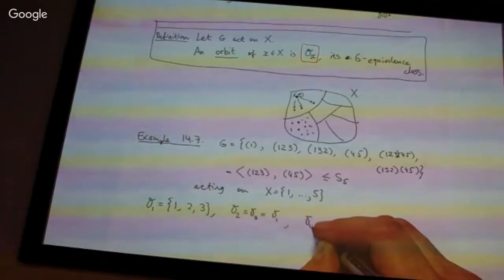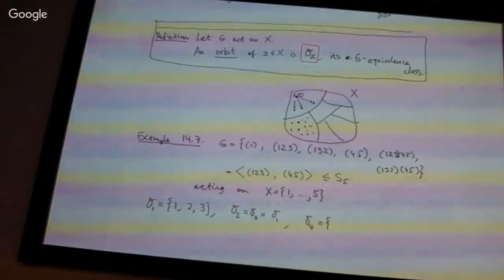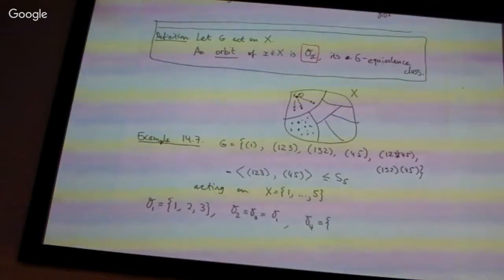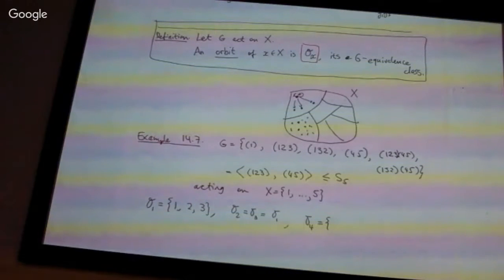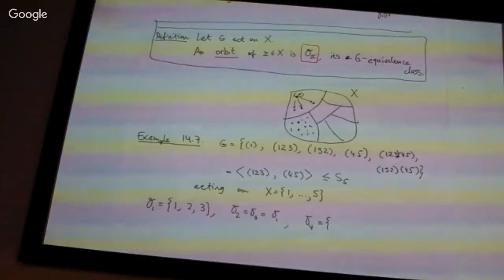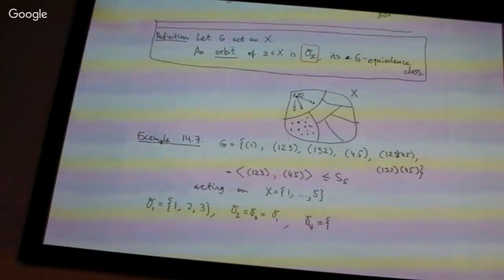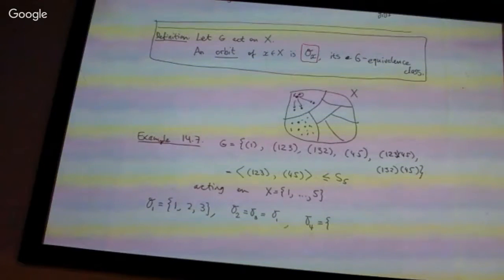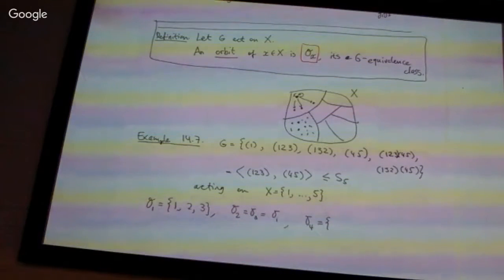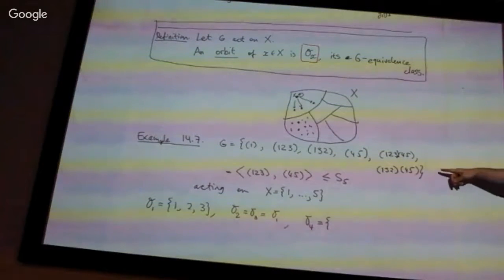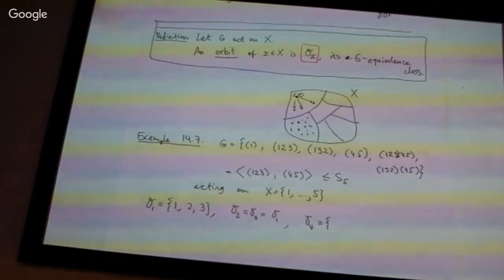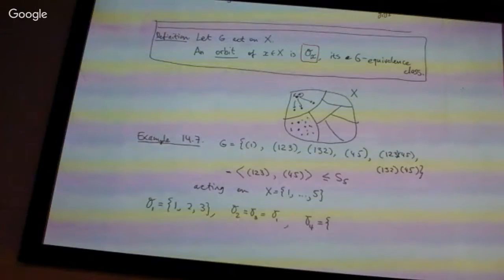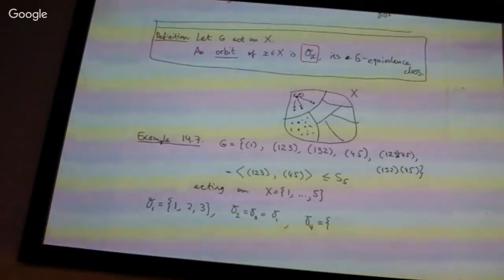And then what is the orbit of 4? Give me a permutation on this list that sends 4 to 1. If you were to kick 4, 5 with 4, 5, that would be an inverse, and that would give you the identity, wouldn't it?